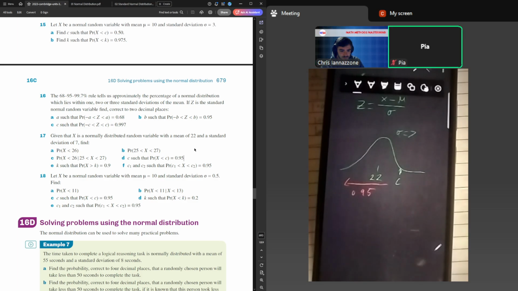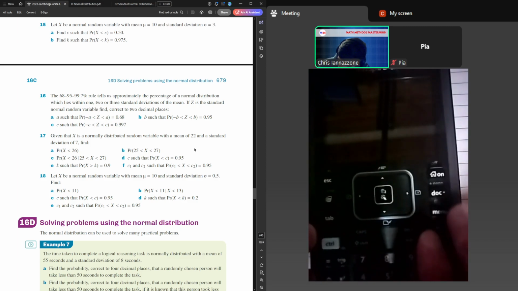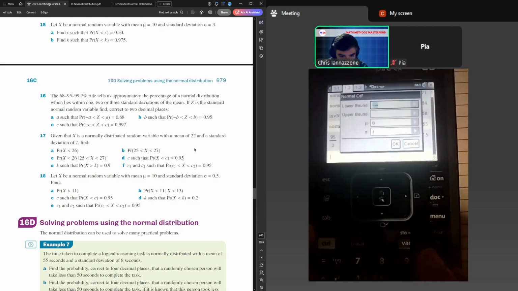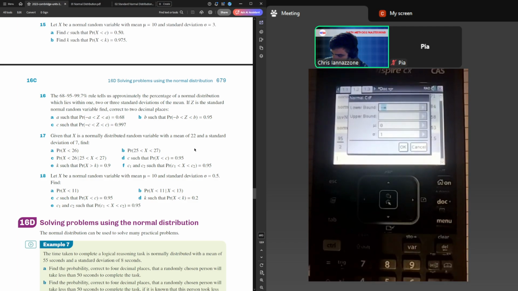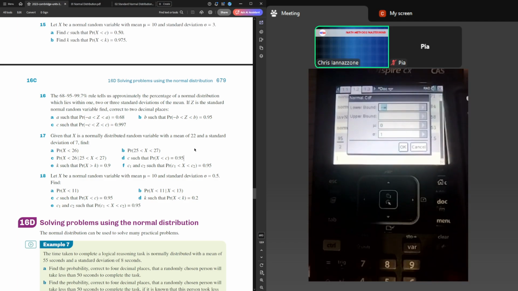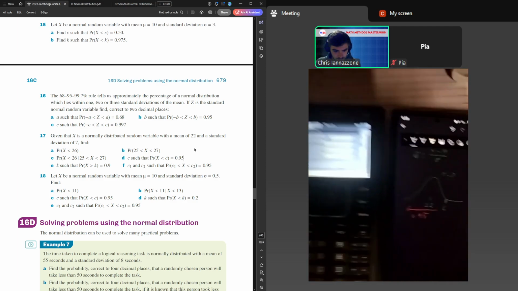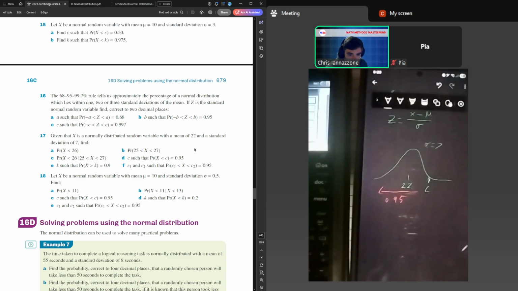Could we use CDF? Potentially. So let's have a look at what CDF would be. Menu 552, normal CDF. So we need to start plugging all these things in. So lower bound, what's that going to be in this case? Imagine a lower bound on this distribution.